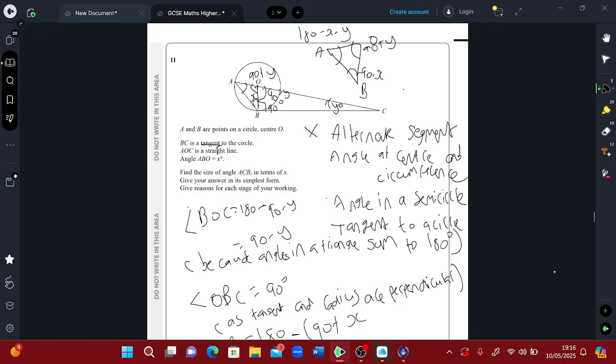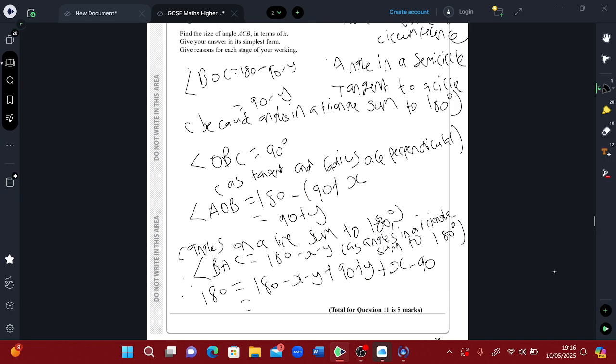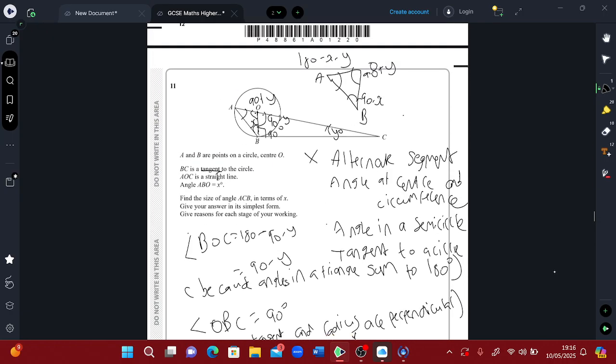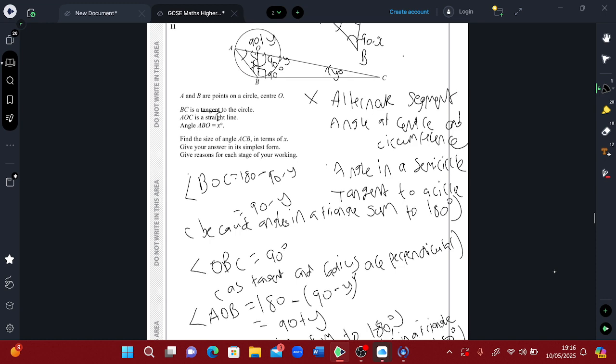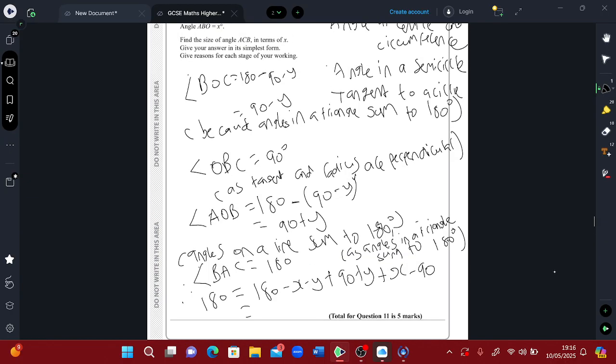No, hang on. ABC. Hang on, what have I done here? Yes, so BAC, this angle here. So that's going to be 180 minus the other two angles.